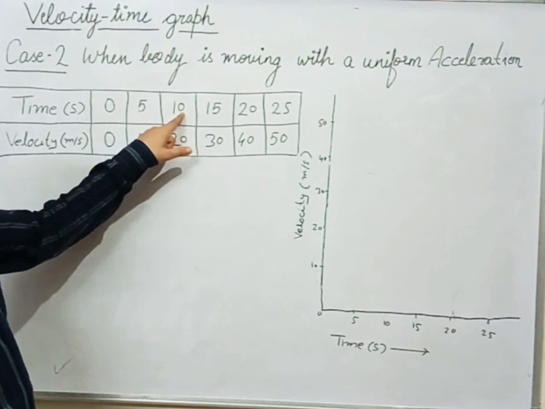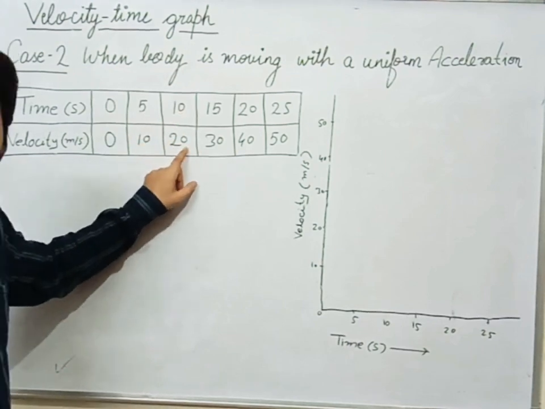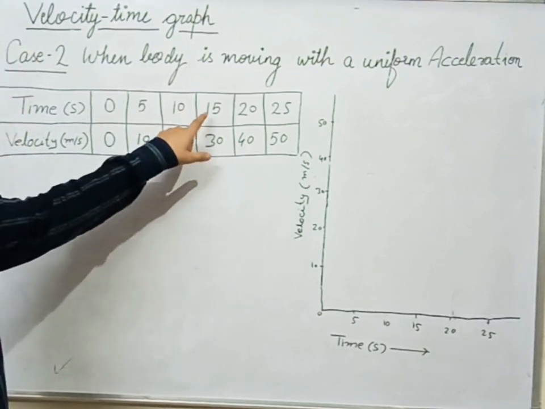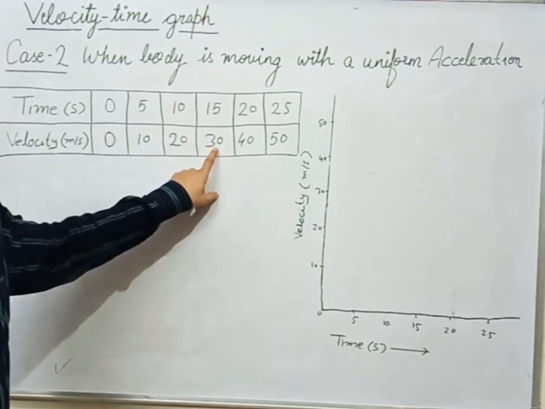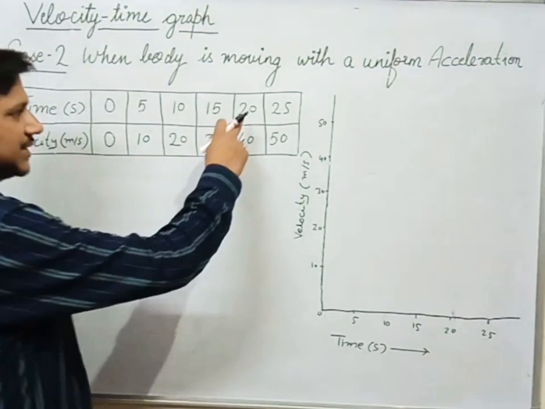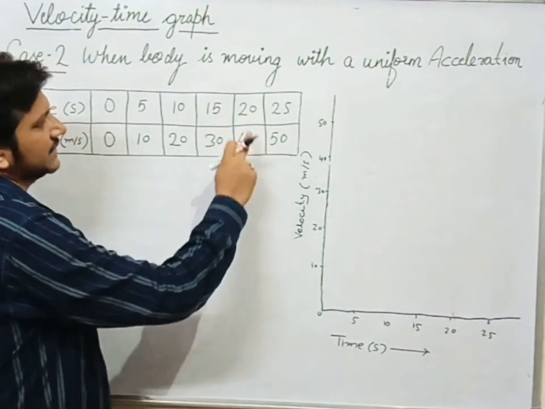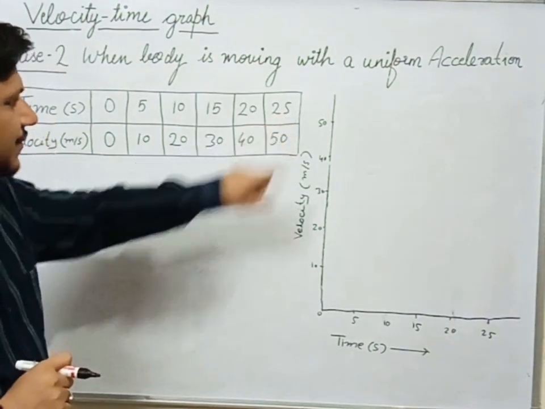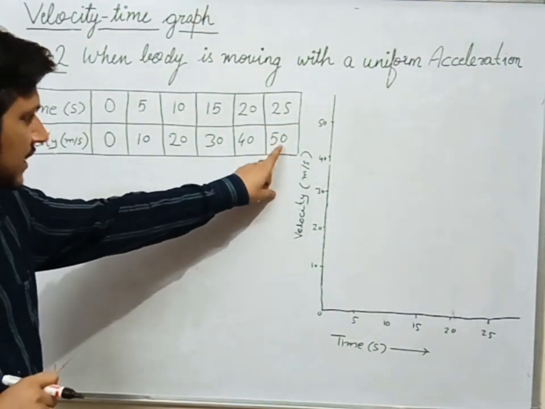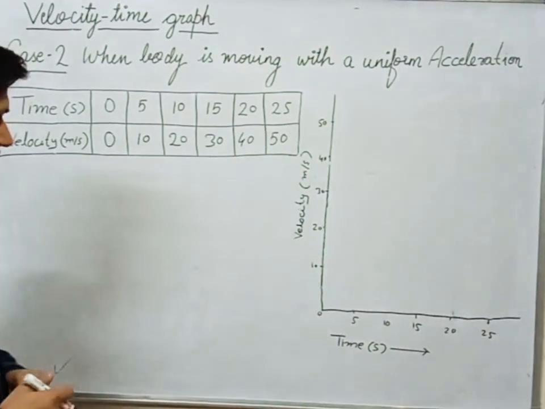After 10 seconds its velocity is 20 meters per second, in 15 seconds it is 30, in 20 seconds it is 40, and at 25 seconds its velocity is 50 meters per second.